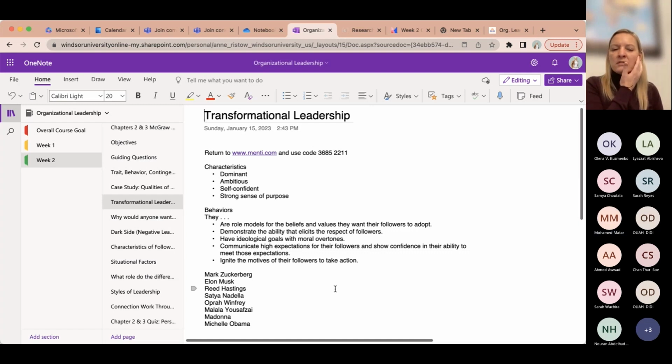Yes, and quite often, what we can agree on here is that monetary success has followed for the majority of these people on the list in a way that they probably never imagined, but that was not their goal. And that happens a lot in transformational leadership. It's about the people and the change that you can make on society or on the world, on the environment.